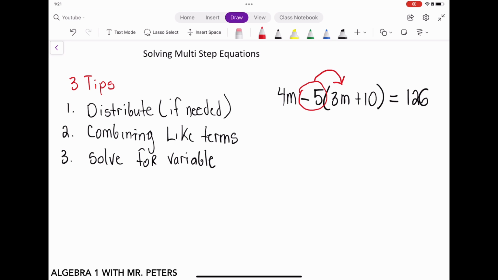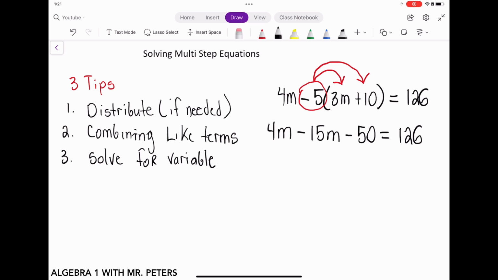So once I do that first step of distribute, I should have 4m minus 15m minus 50. All we did in that first step was multiply -5 by 3m to get -15m, and then multiply -5 by 10 to get -50. Now our second step asks us to combine like terms.